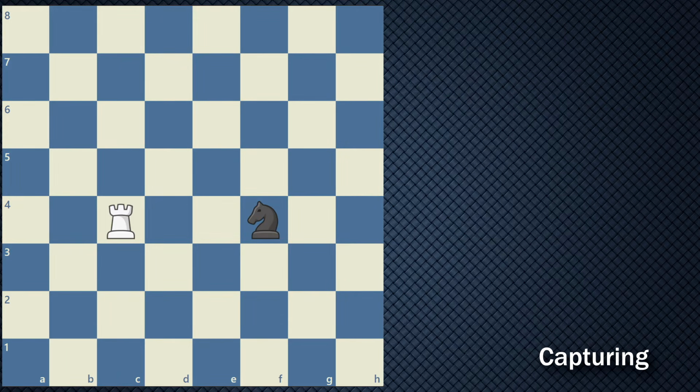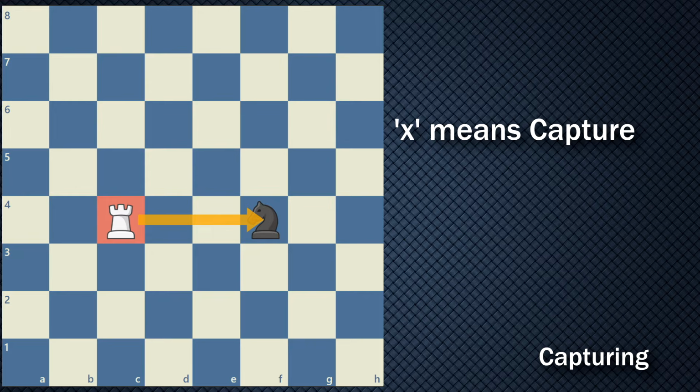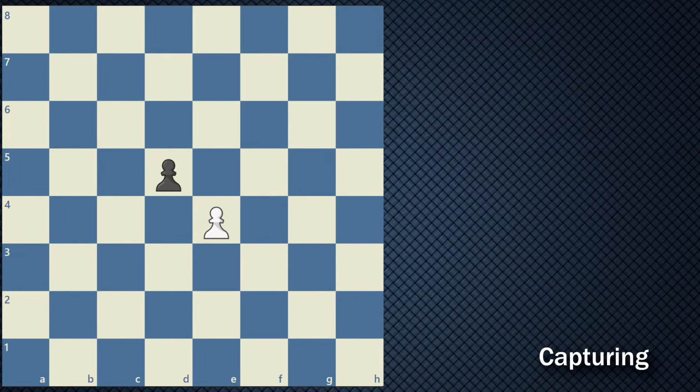Let's talk about capturing. In order to record a capture move, for example right here, if this rook wants to capture this knight, what we'll do is we'll write capital R, x, f4. You don't have to write the name of the second piece or anything like that. All you have to do is write capital R, x, f4. The way that we notate pawn captures in the game is we want to recognize the pawn, which file they're on, and then we go with x to the square that they're moving to.